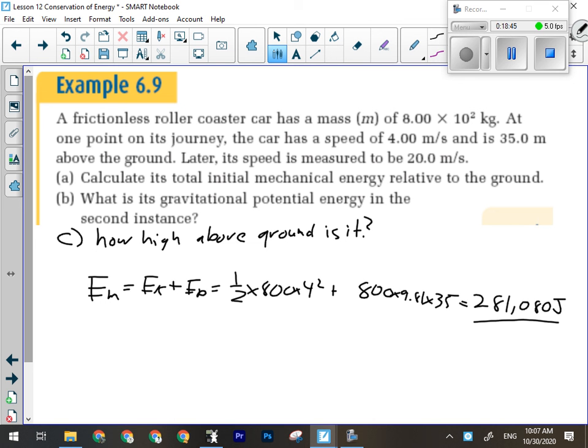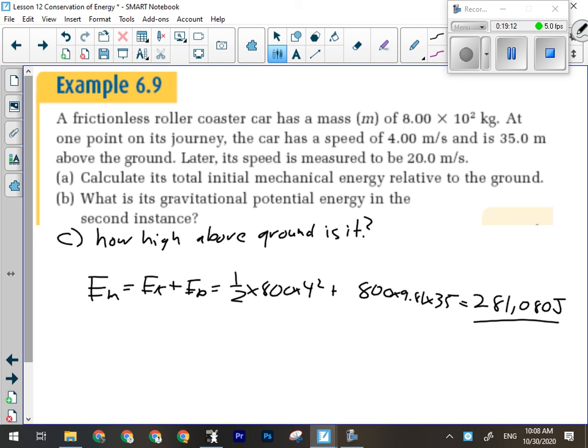Now, it says that later, it's moving at a speed of 20 meters per second. So if I want to find its gravitational potential energy in the second instance, and I don't have the height, how do I do that? Well, I don't have HF yet.